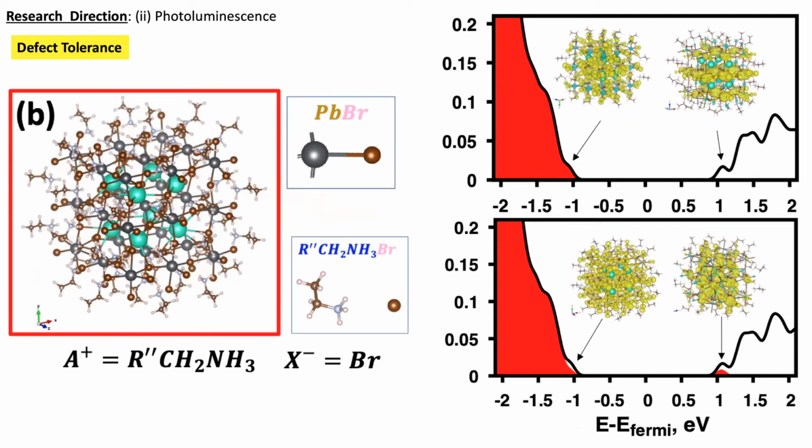The upper density of states is for the pristine model, and the lower one is also the pristine model under the charge constraint of promotion from ground to excited. Both occupied and unoccupied orbitals are localized on the inside of the structure and are expected to be bright.